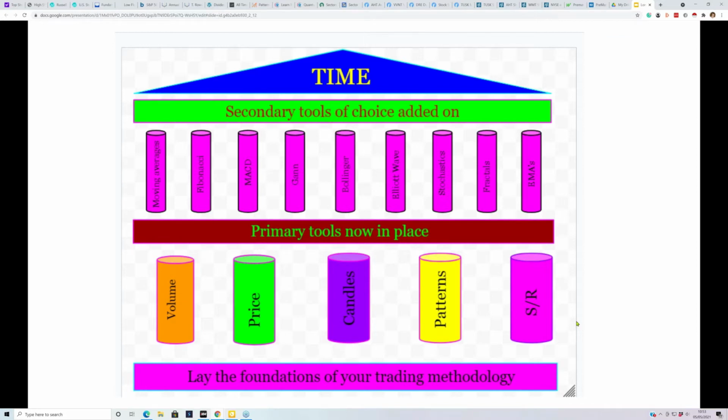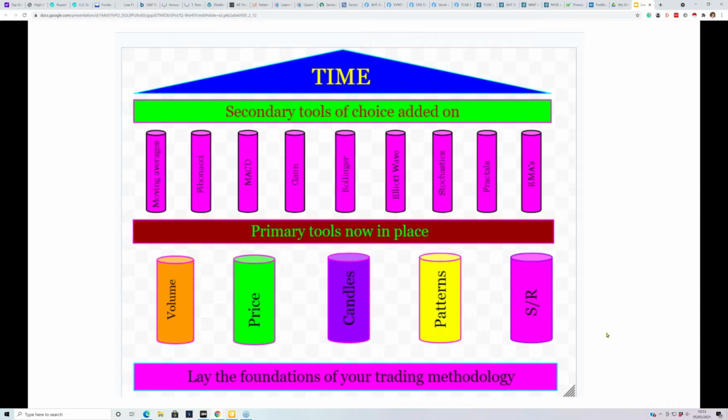On top of that, you can add your own indicators: moving averages, Elliott wave, Bollinger Bands, whatever you like to use as a way of helping you make a decision. All these indicators work perfectly well. One thing I would say, especially with EMAs, is you must know how to apply them in what type of market condition. They're fantastic when something is trending, but not so much when a chart is in congestion.